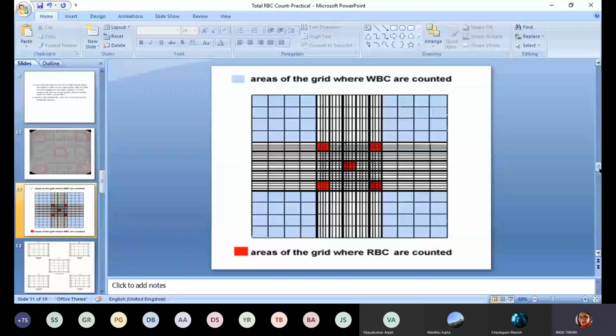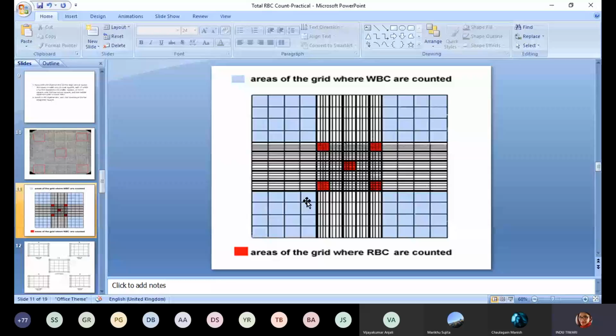So this is what the counting chamber looks like when you focus it under the microscope. The light blue chambers, the upper left, lower left, upper right and lower right, are for counting the white blood cells. Since we are focusing on counting the RBCs, this central big square is the focus point for counting the red blood cells.